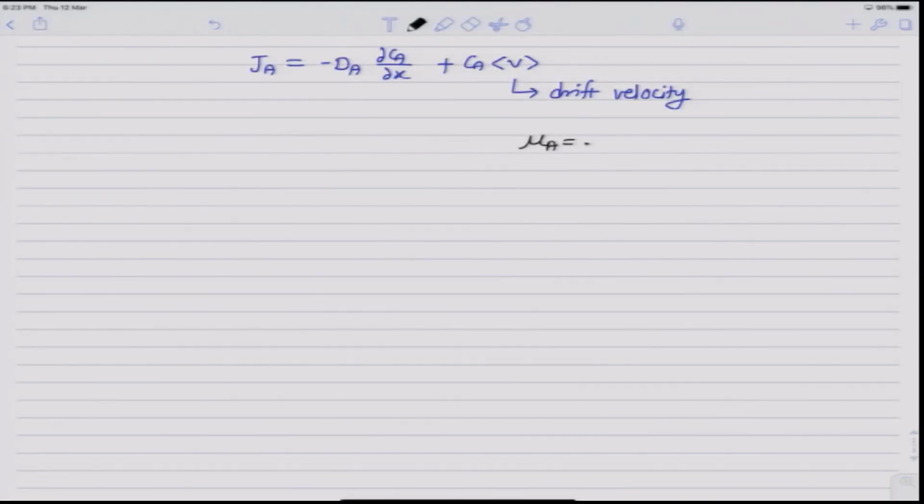So, we have to increase the Gibbs free energy of the alloy by an appropriate amount equal to the strain energy, and we can write mu A equal to mu A0 plus RT ln aA plus E. This can be easily seen if we draw the Gibbs free energy of a solution versus composition curve.